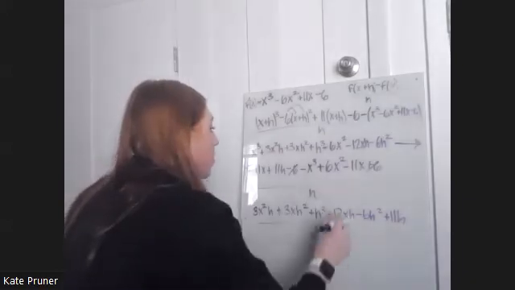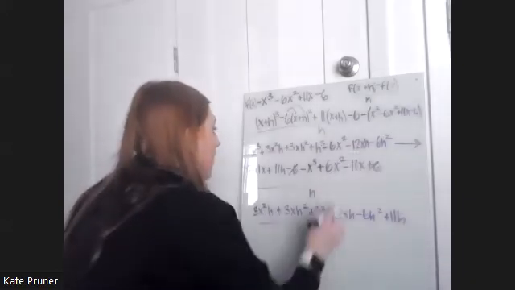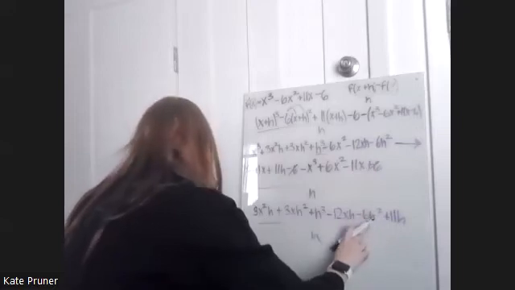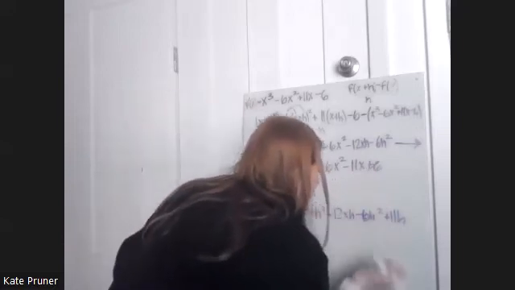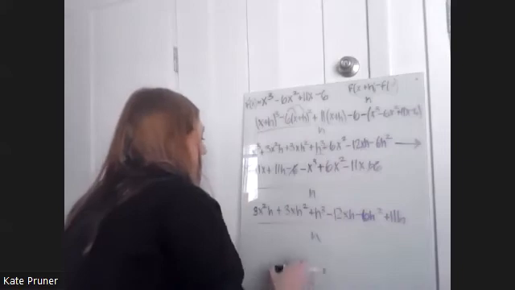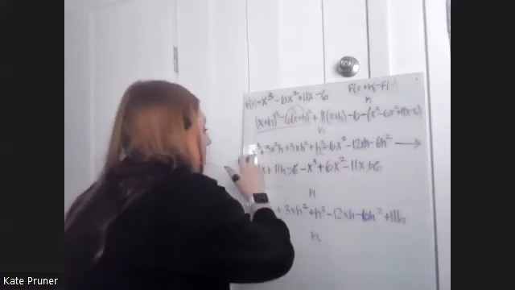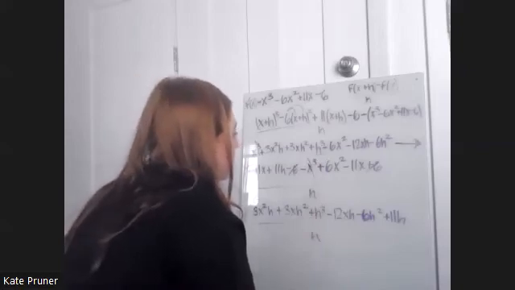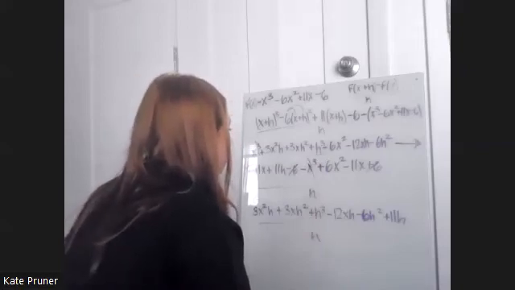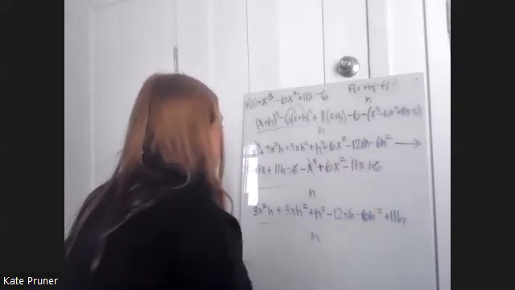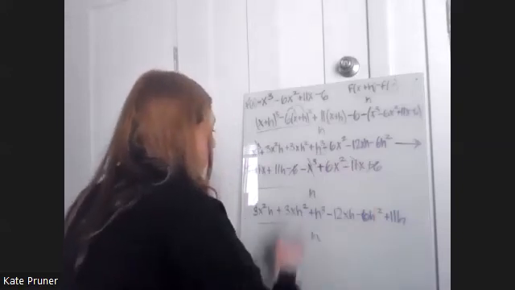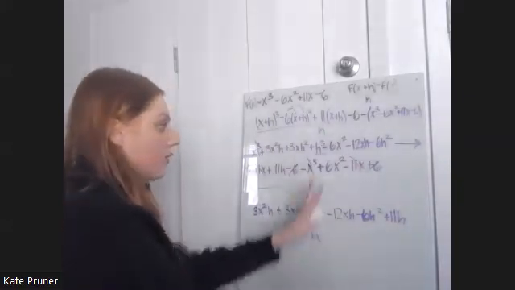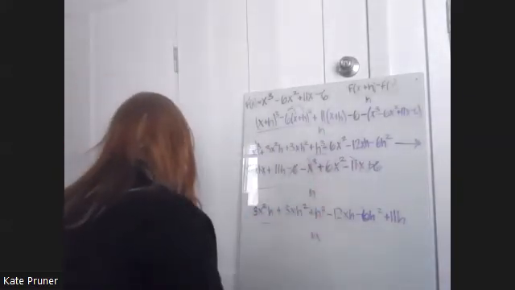So you can see here, we kept our 12h, we kept our h squared. This is a 6, that looks like 6h. So these cancel out, these cancel out, and so on and so forth. So that's where we get all of this information from, is just simplifying all of that.